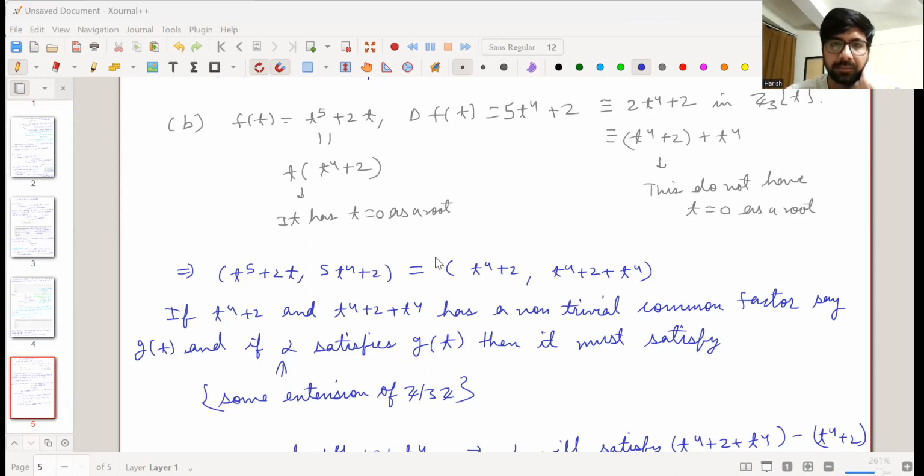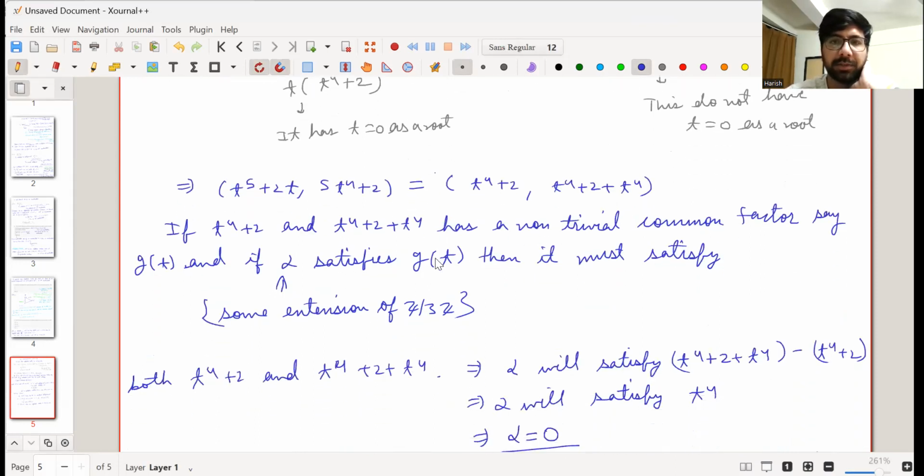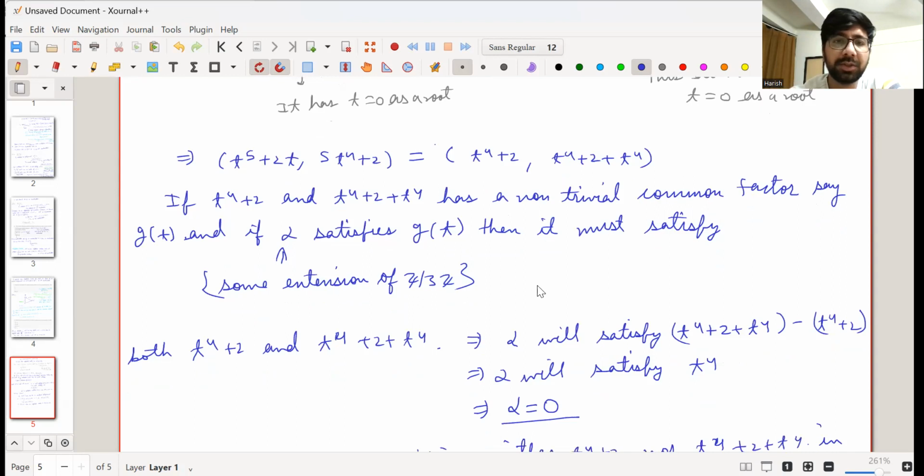Now suppose that they have a non-trivial common factor, say GT. It will have some root in some extension of Z mod 3Z. We have seen that if GT is a polynomial over a field F, then all of its roots lie inside some extension of F. So say it has alpha as a root. If alpha is a root of GT and GT is a common factor of these two, alpha should satisfy these two polynomials also.